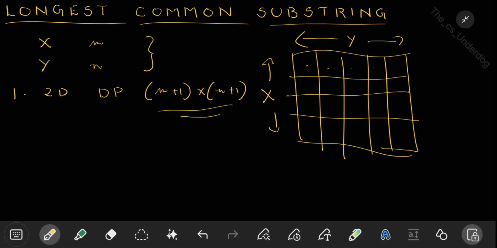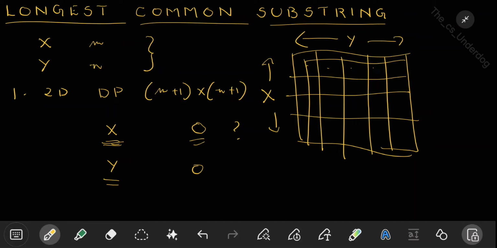Why? Because the length of X itself is 0, so it can't have anything in common with any other string. The same is the case in which Y has 0 length. So in order to tackle both these scenarios, we'll have the first column and first row as zeros.